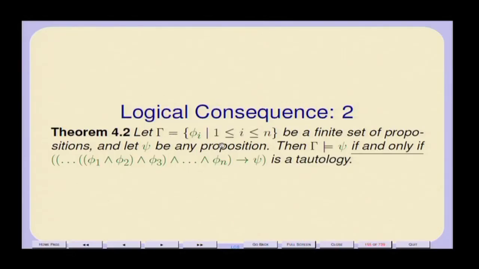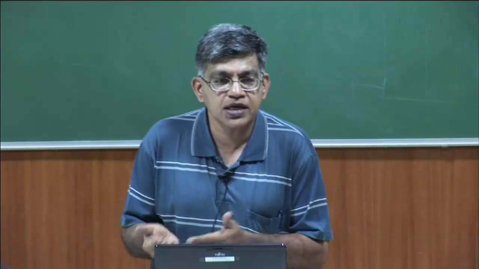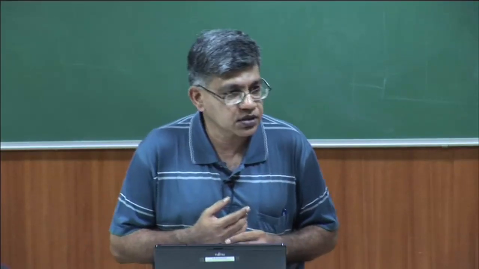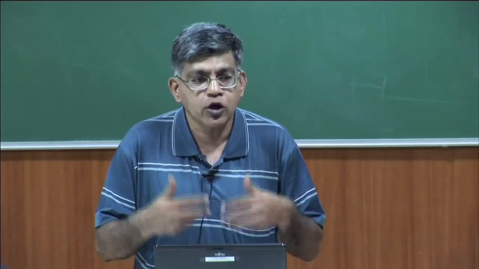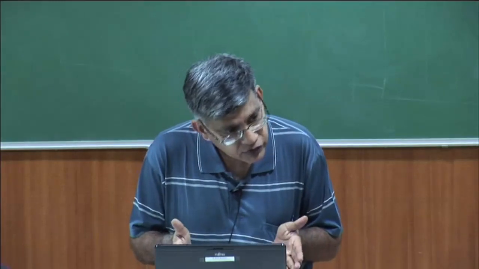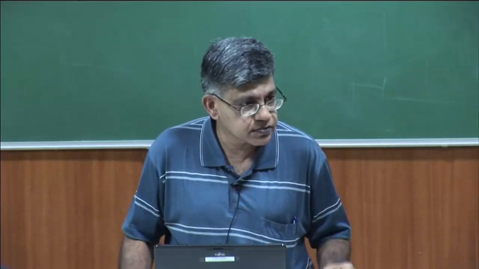In particular, if gamma is a finite set and psi is any formula, then psi is a logical consequence of gamma if and only if you can form this huge formula and prove that it is a tautology. That shows that many of the reasoning concepts that we use can also be expressed within the language of logic itself in some other terms.